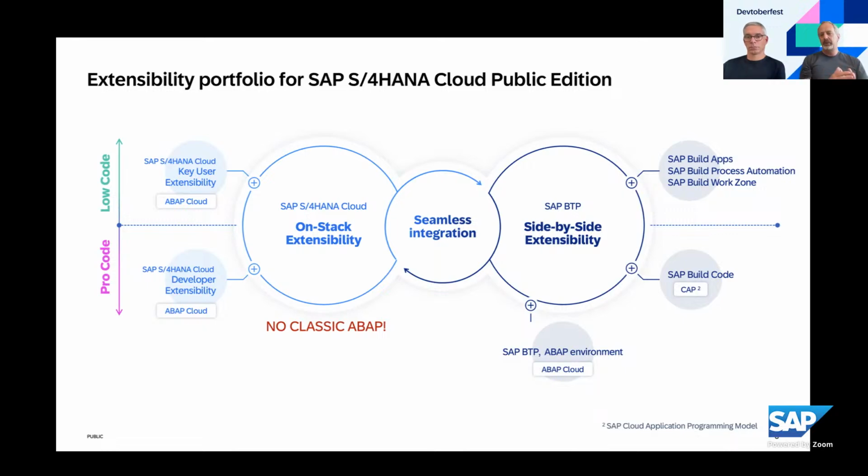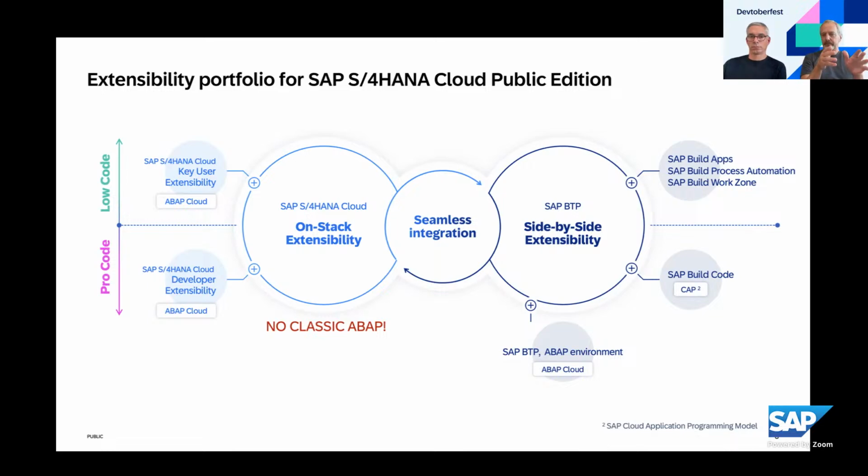You can choose CAP, for example, for your pro-code extension, or you go for ABAP Cloud on the SAP BTP ABAP environment. By the way, the ABAP Cloud, what you see down there on the BTP, is the same ABAP Cloud development model which you use on stack. So if you learn ABAP Cloud once, you can use the same development model on BTP as you use it on stack.